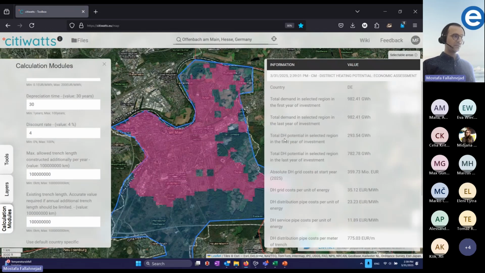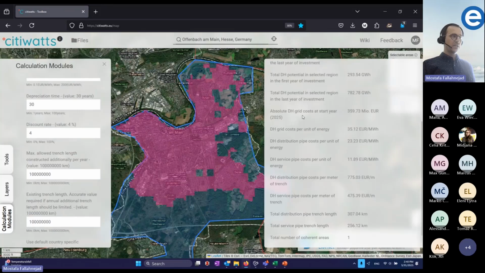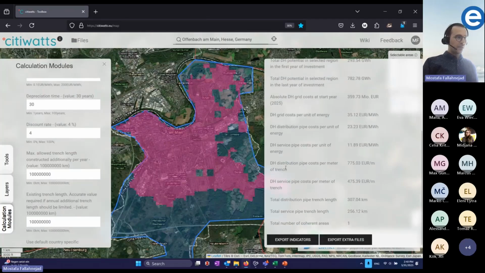I see the total district heating potential again in the base year and in the last year, what is the absolute grid cost in million euros, what is the specific grid cost in euro per megawatt hour, also divided into distribution and service pipes, as well as the specific cost in euro per meter for distribution and service pipes, and finally the trench length for distribution and service pipes.